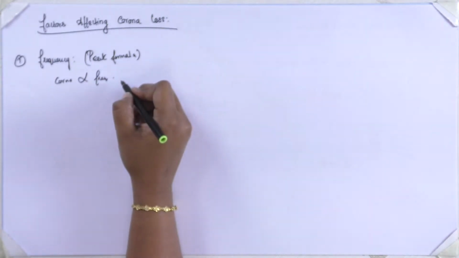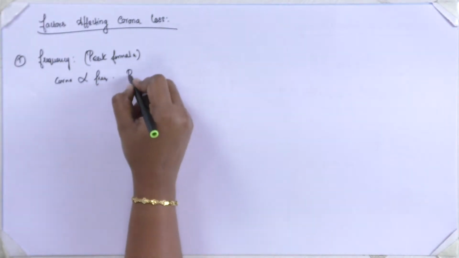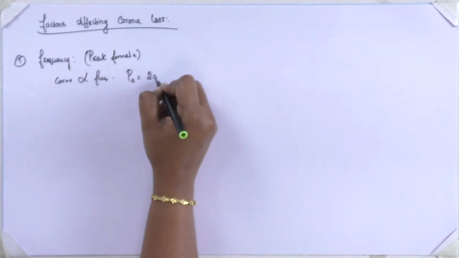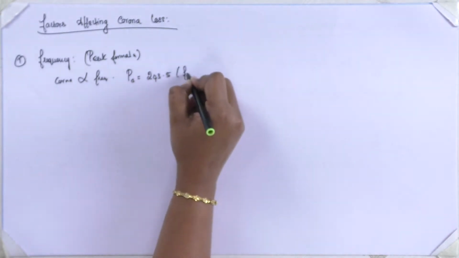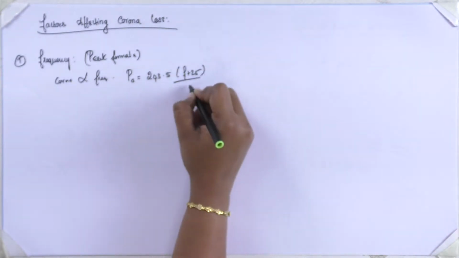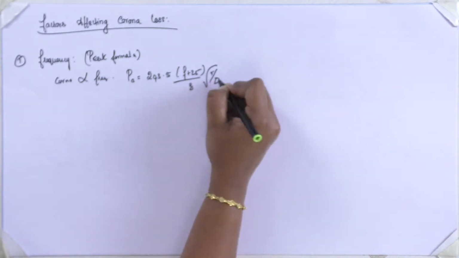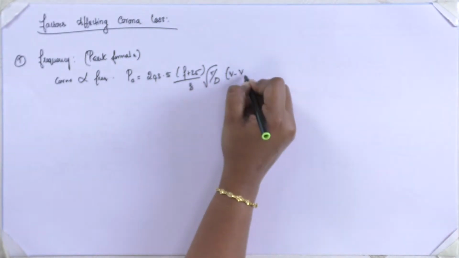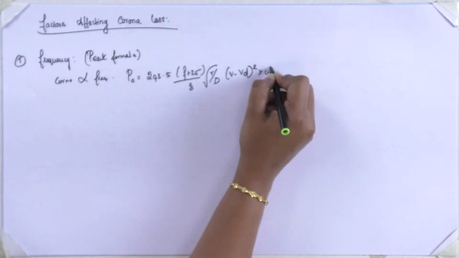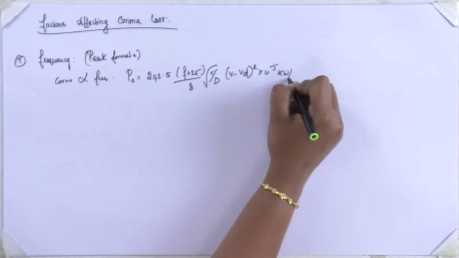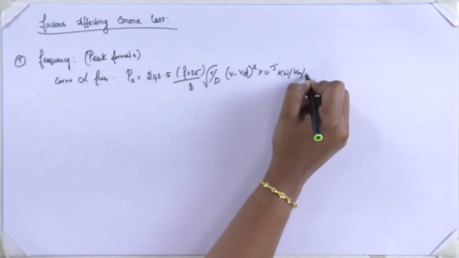So the Peek formula is Pc is equal to 243 into (f plus 25) divided by delta, into root of r by D, into (V minus Vd) the whole square, into 10 to the power minus 5, kilowatt per kilometer per phase.